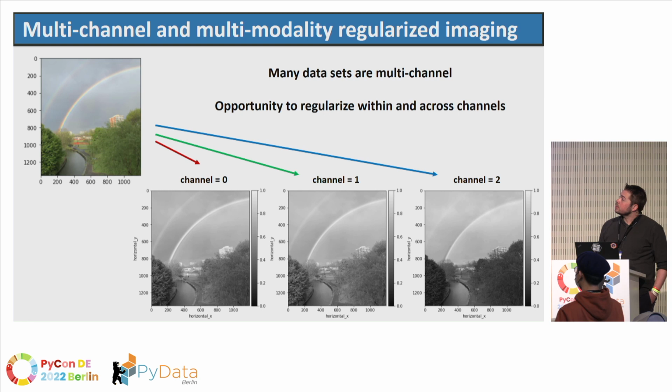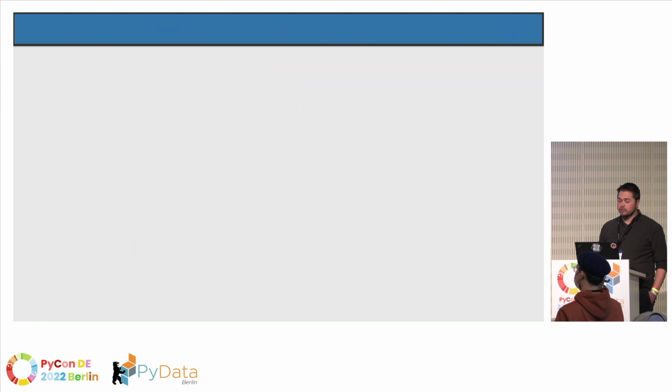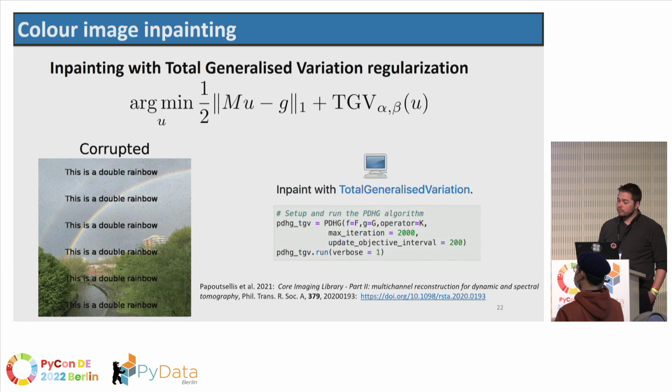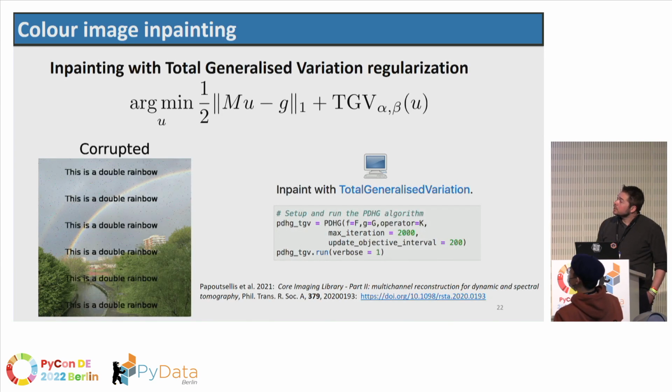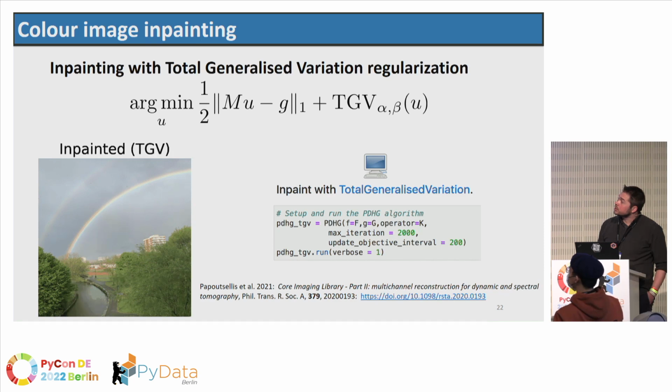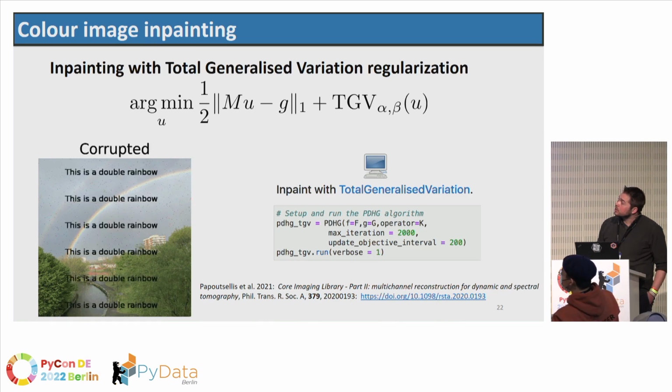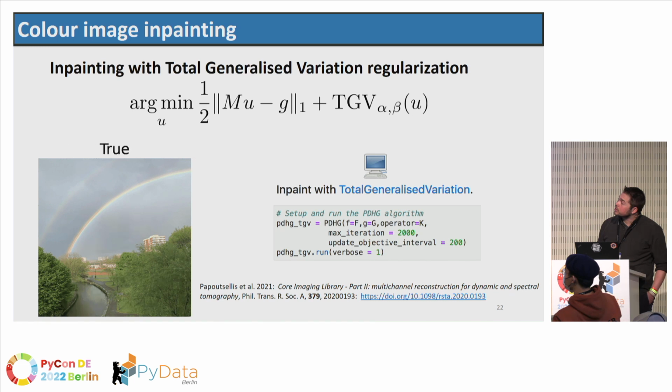Up until now, I've only talked about applying a regularizer within the image, but having this extra dimension, we can also look at enforcing regularity across these channels. So SIL allows us to do different things here. For example, we have the inpainting case. We start from this corrupted image with parts missing and noise added, and then we try different methods.